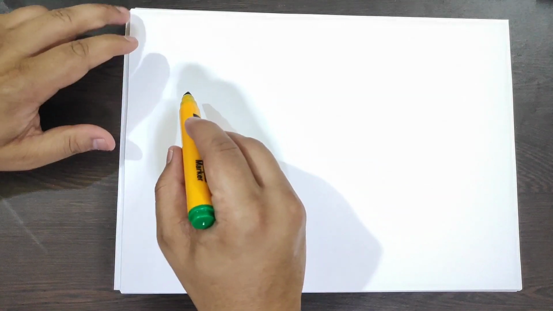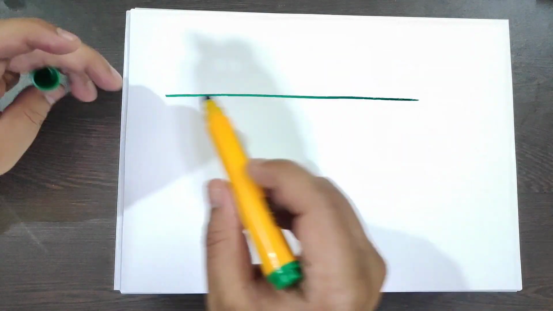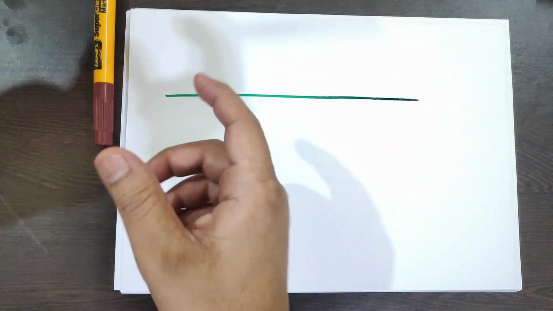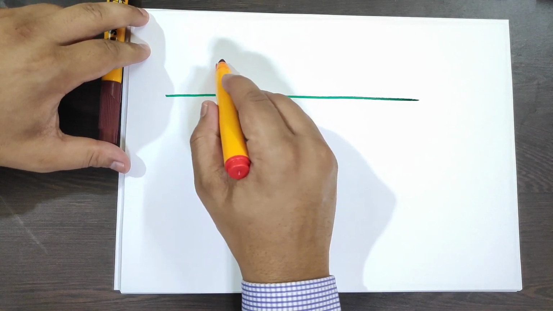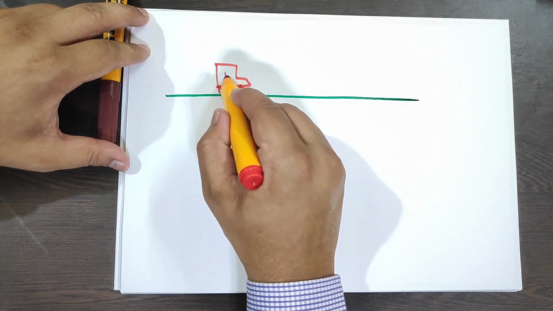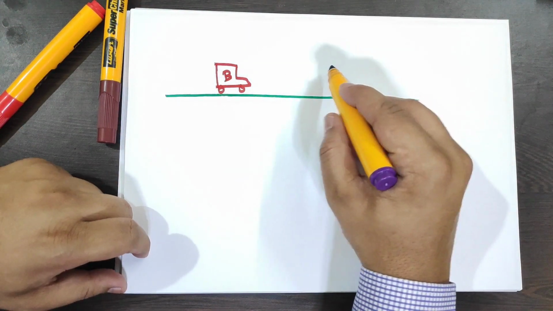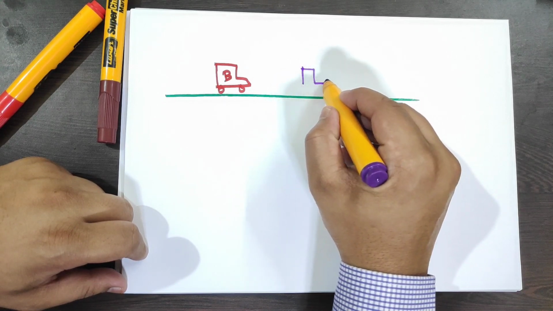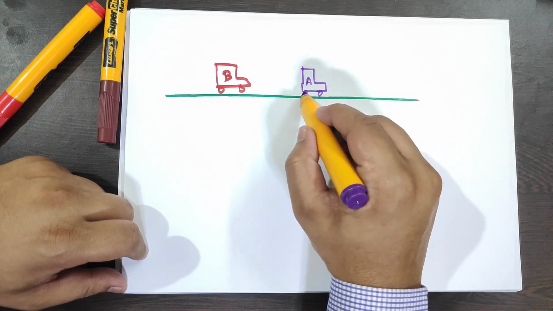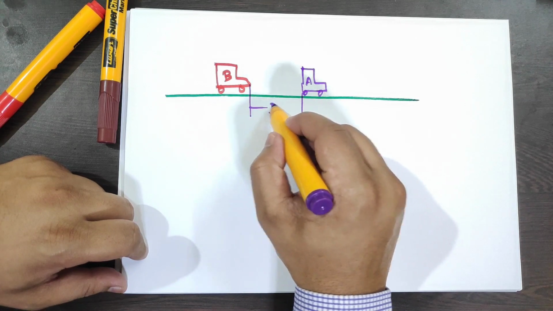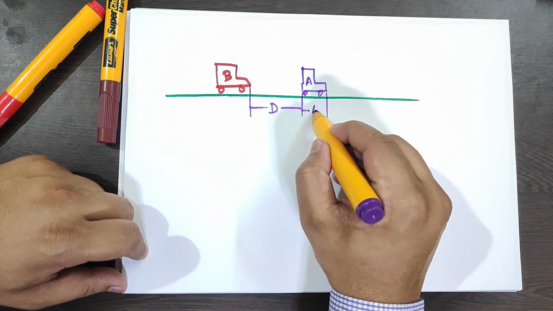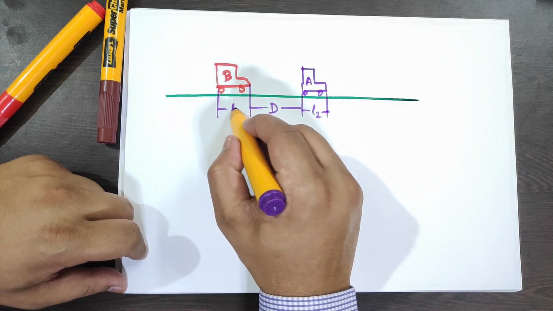So I have to draw the diagram again. Don't worry, it will take a few seconds. There it is. Quickly, car B and that was car A. Distance between the cars is d, length is L2, this is L1.